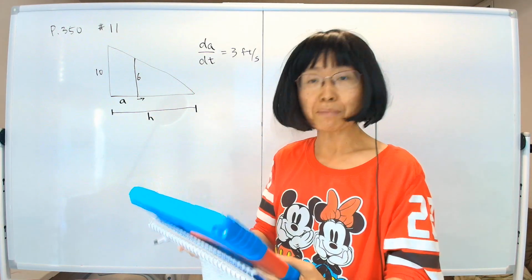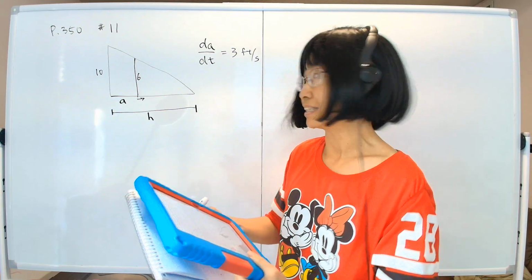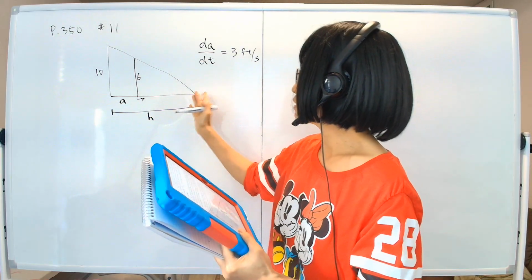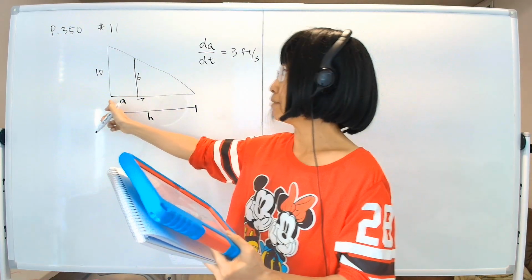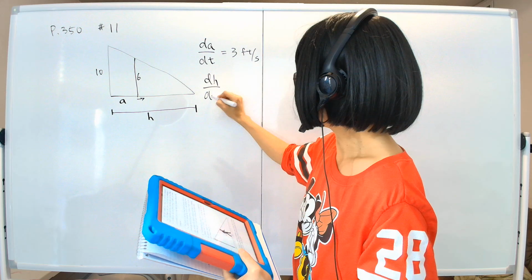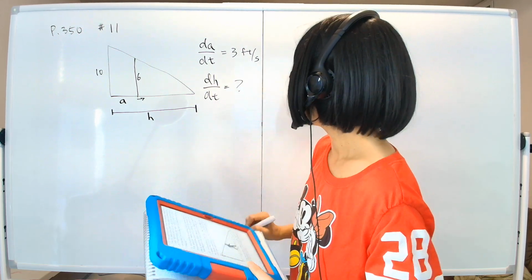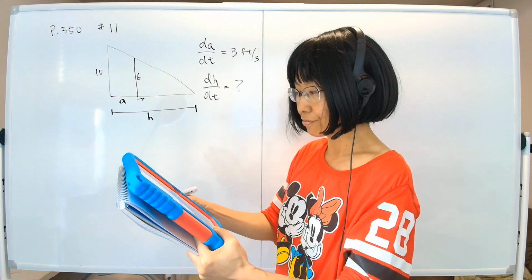We're doing problem 10 for now, and then we'll do problem 11. So in other words, what we're looking for is dh by dt equals what? That's the question, and this is the information we have.